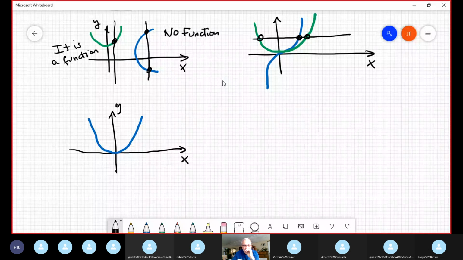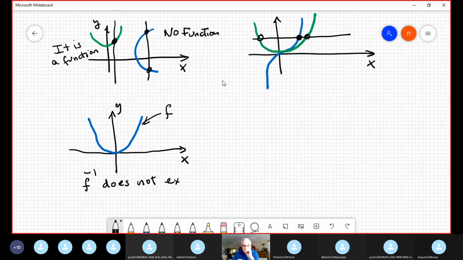Therefore, we have no inverse. So the inverse function of the original function doesn't exist. However, this is under the supposition that the domain is all real numbers.